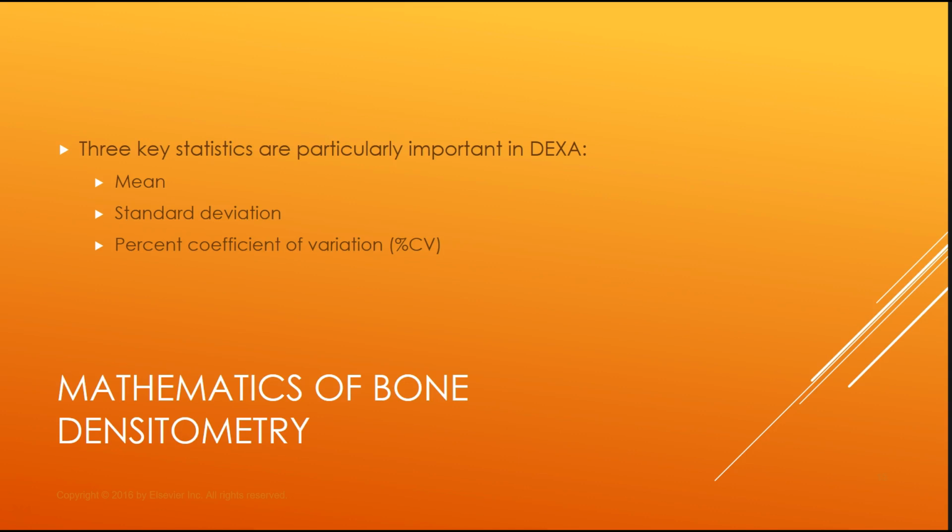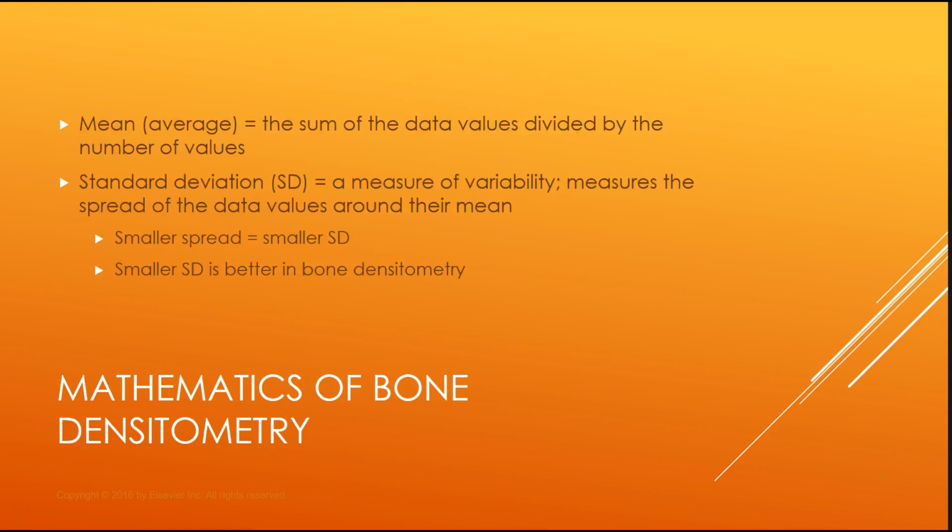So the mathematics of bone densitometry, there are 3 key statistics that are particularly important: the mean, the standard deviation, and the percent coefficient of variation. The mean is the average. It's the sum of the data values divided by the number of values. The standard deviation is a measure of variability. It measures the spread of the data values around their mean.